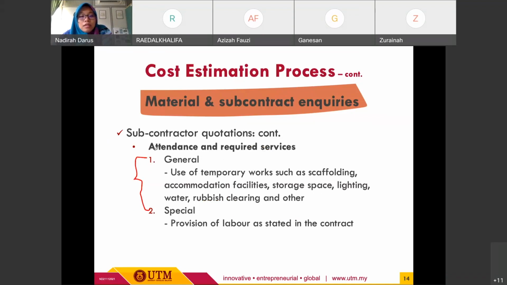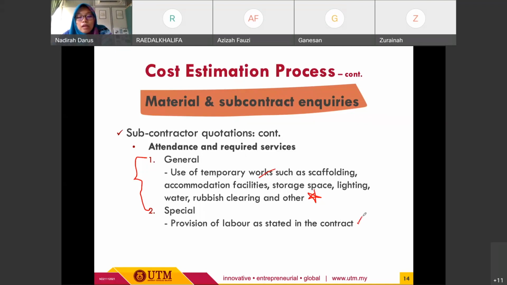General allowance is related to the use of temporary works, such as scaffolding, formworks, and then the other facilities required on site, storage space, lighting, and so on. That one will fall under the general allowance or allocation. And then we have special allowance, such as provision of labor as stated in the contract.